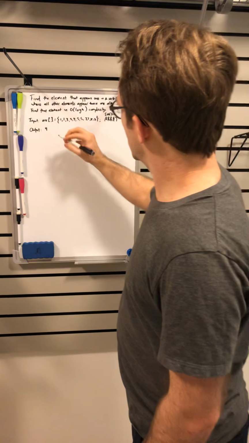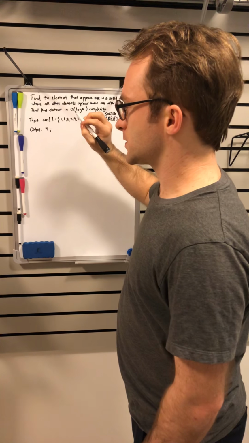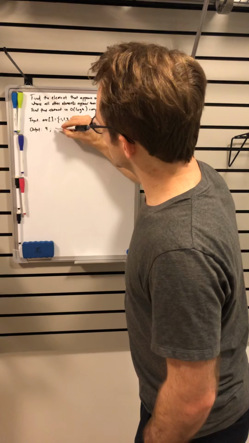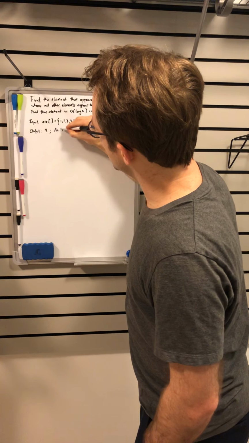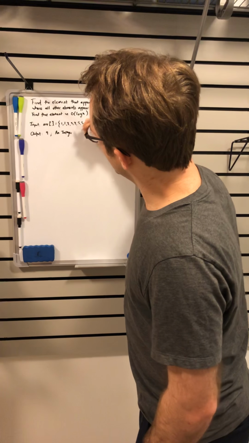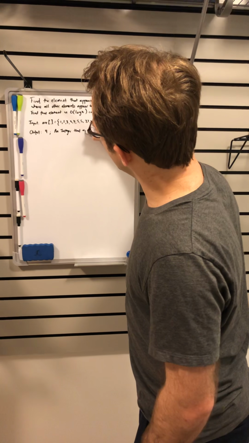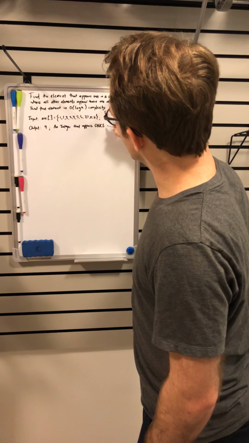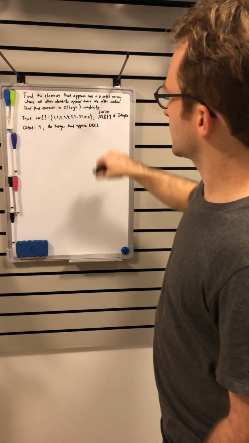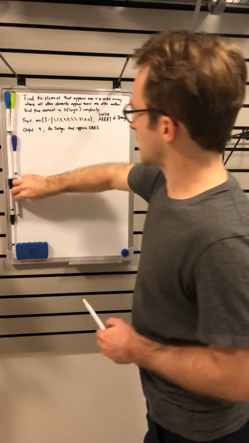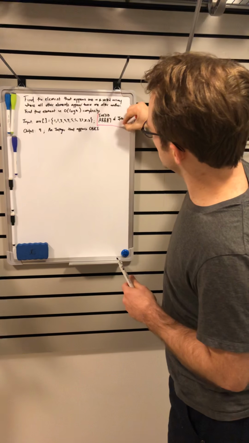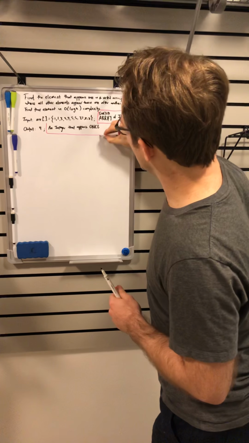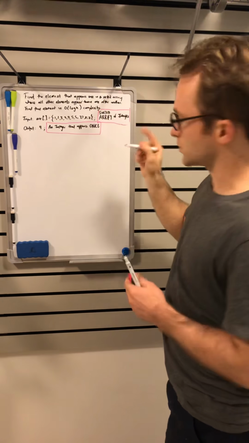Our output is basically an element, an integer that appears once. So it's not a duplicate, it doesn't have a pair. That's our input, a sorted array of integers, and this is our output, an integer that appears once.